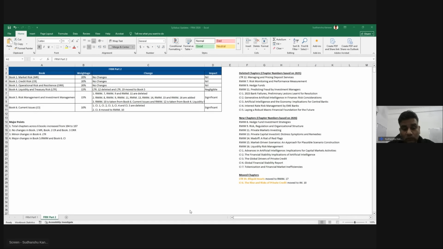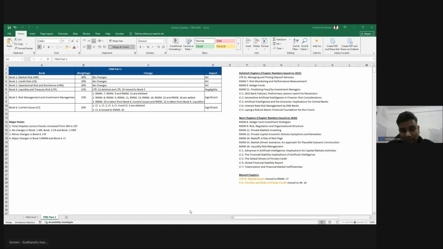Again, this is a very minor housekeeping change, nothing conceptually new, nothing exam breaking, just a rebalancing of where the topic sits. So impact is negligible. The changes have been given on the side, you can see those.